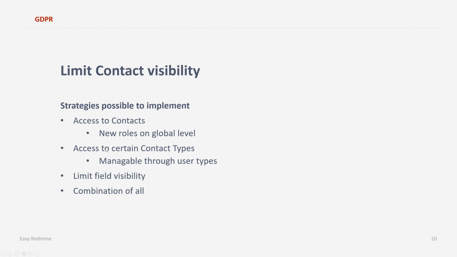First, what is the best, in my opinion, is that along with the strategy, there has to be also some process, some adequate usage of the system. So if you are collecting data which can be considered personal data, collect them ideally in contacts, because for contacts we prepared special features.